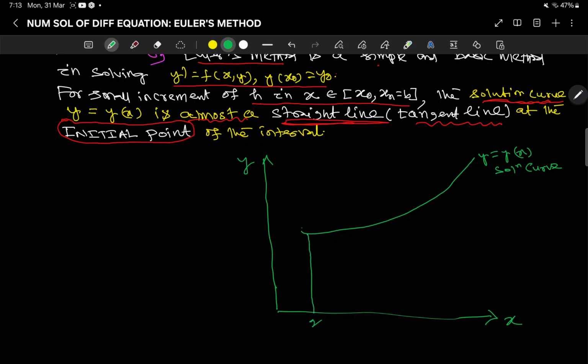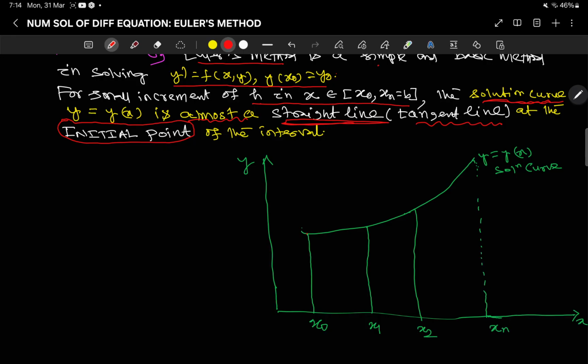I split the x-axis with several nodes. This is x0, this is my x1, this is my x2, and so on I continue up to my xn.